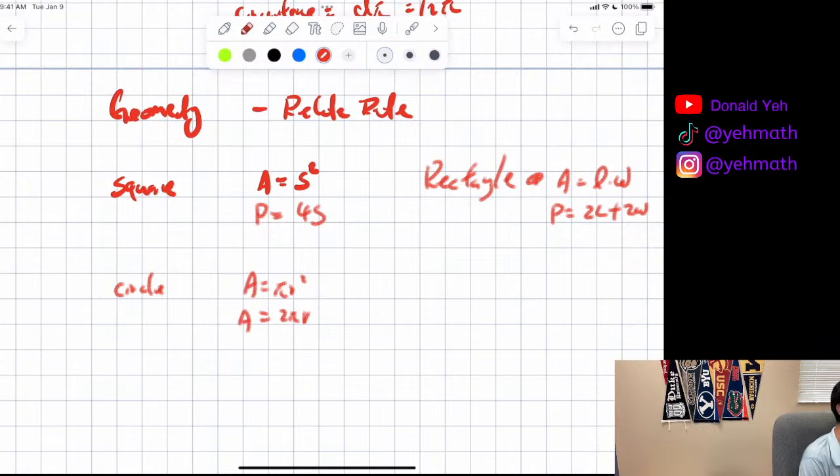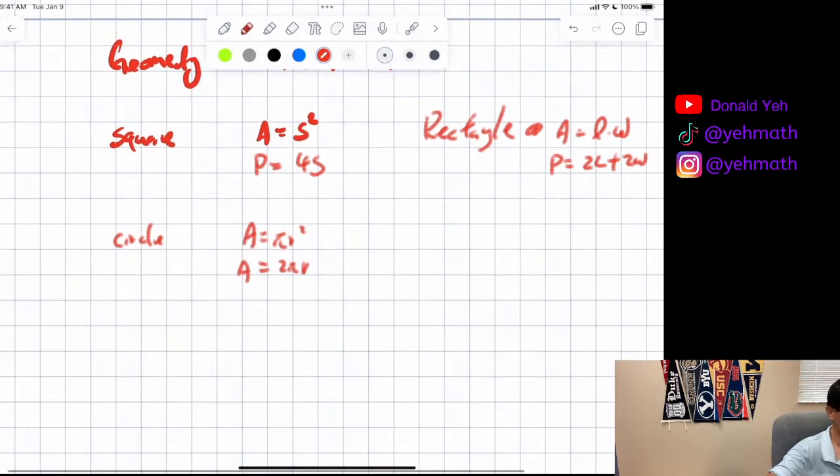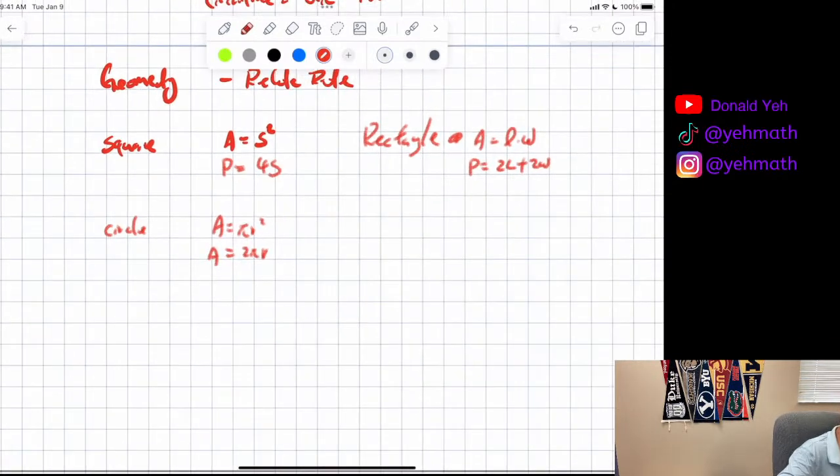Very, very useful. Got it? That's a two-dimensional shape. Let's talk about three-dimensional shapes.